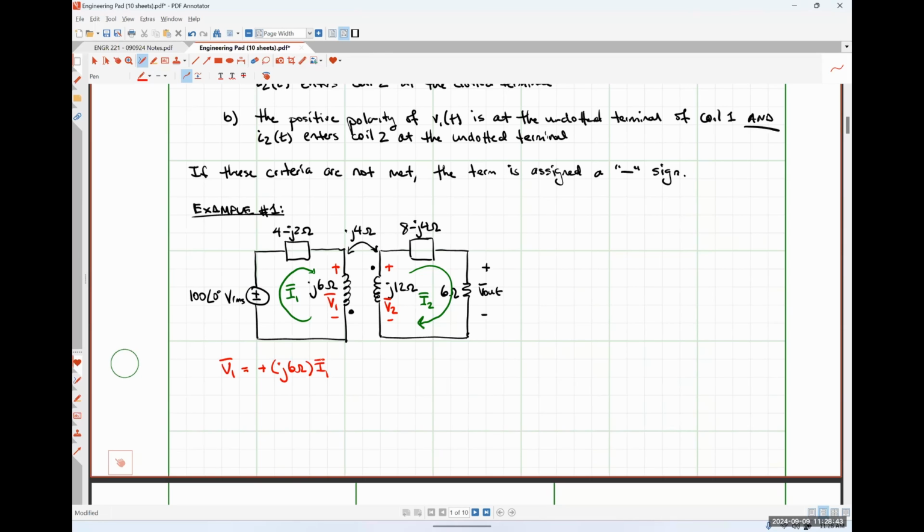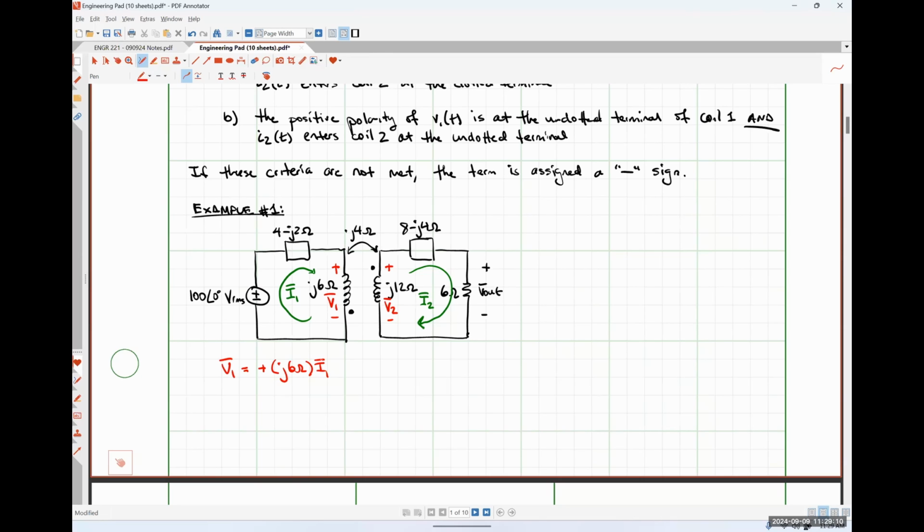Now we need to figure out the mutually induced voltage for V1. Once again, the positive polarity terminal of our voltage V1 is at the undotted terminal of coil 1. Current I2 is flowing into the undotted terminal of coil 2.